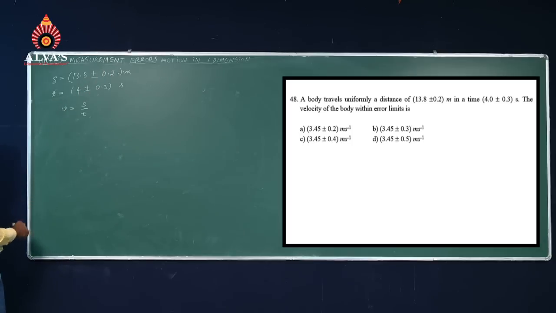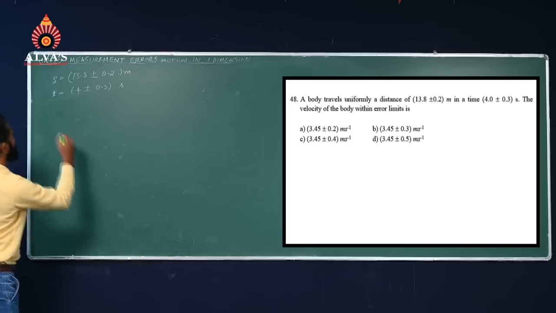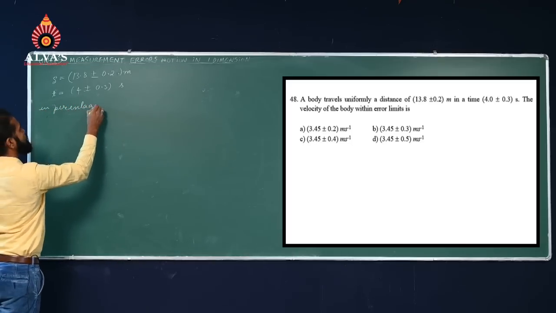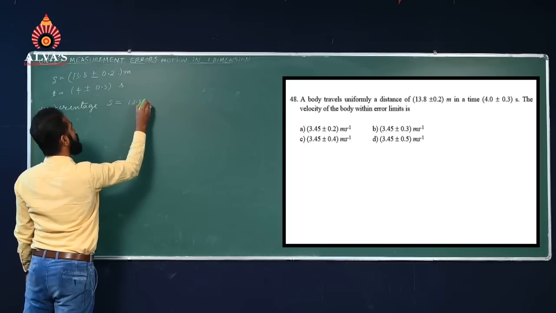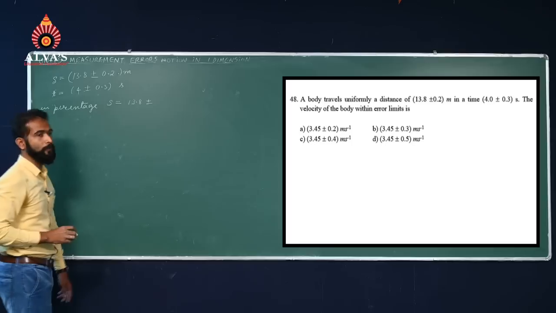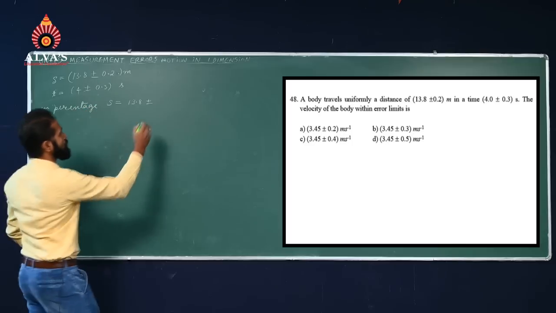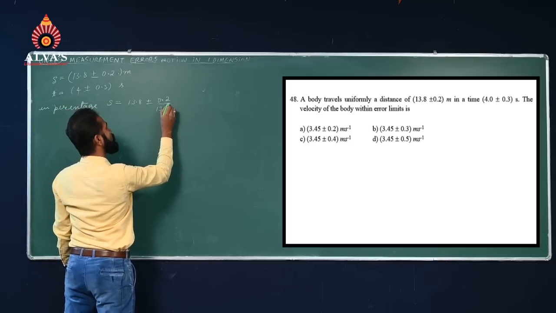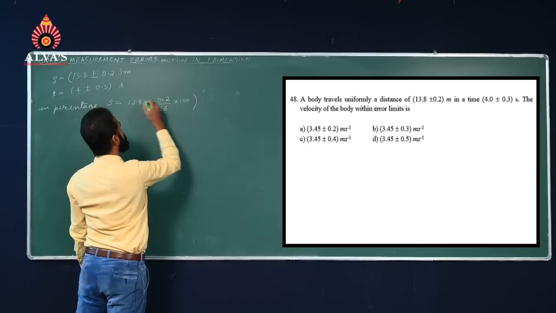So let's first calculate that in percentage. S can be calculated as 13.8 plus or minus. To calculate percentage, it is delta S by S into 100. So this becomes 0.2 divided by 13.8 into 100.